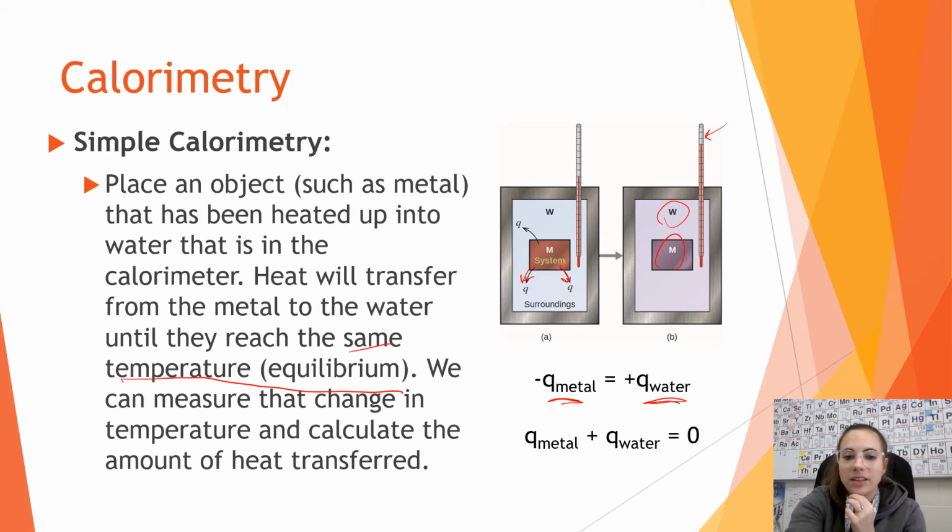So we are going to set those equal to one another to calculate some missing component, okay? So what I mean by setting those equal to each other, Q is heat, so heat loss equals heat gain. So then that also means that MC delta T equals MC delta T. This for the metal, this for the water.